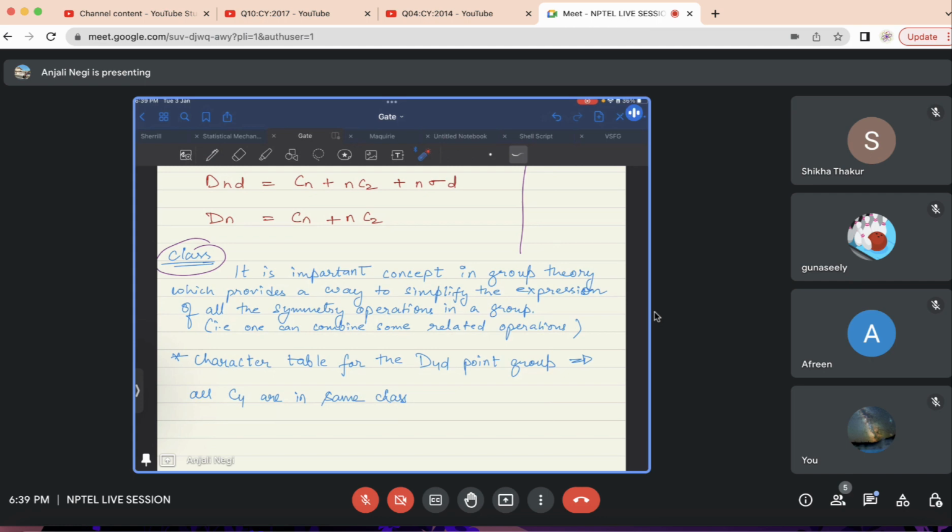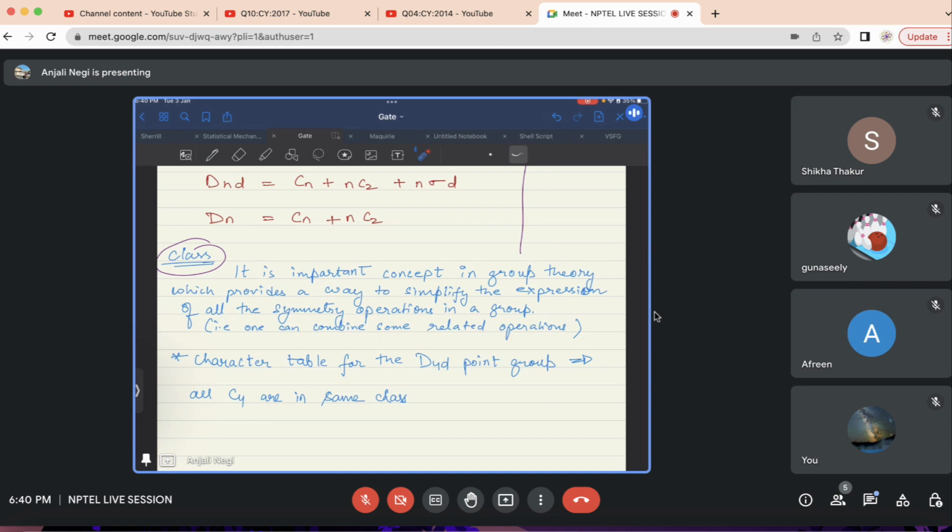It provides a way to simplify the expression of all the symmetry operations in a group. So in a group, like for example D4d, we have a number of symmetry operations, and we can just simplify it by creating some class of some special symmetry operations which are having a combined related operation. One can combine some related operations.